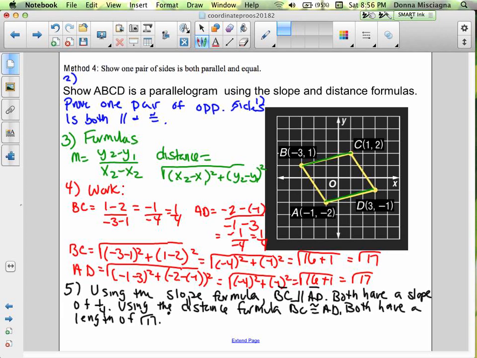I'm going to use a symbol for therefore. Therefore, okay, so this comes directly from what we just found, right?